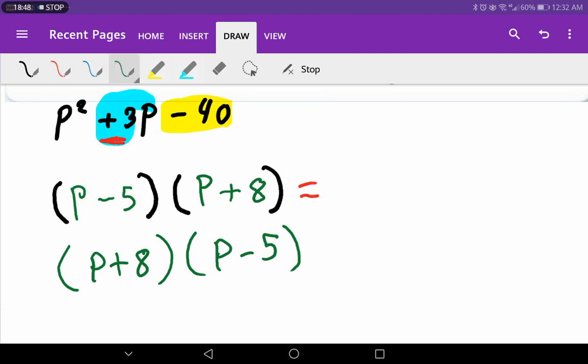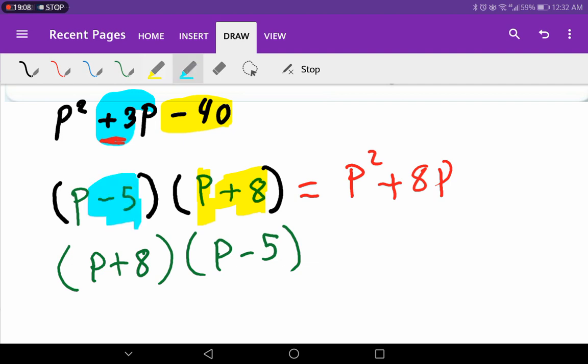You multiply P by P, which equals P square. You then multiply P by positive 8, which equals positive 8P. We are done with this. Now we move to this. Negative 5 multiplied by P equals negative 5P. And negative 5 multiplied by positive 8 equals negative 40.